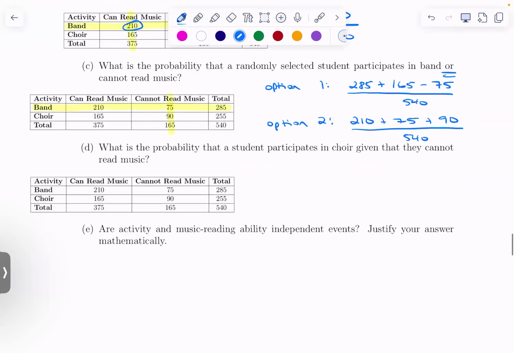I get 375 out of 540. Which, and I have this one written down as 375. One of those will do. Because you get the same answer.